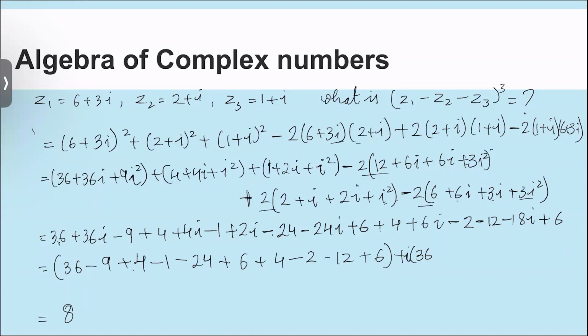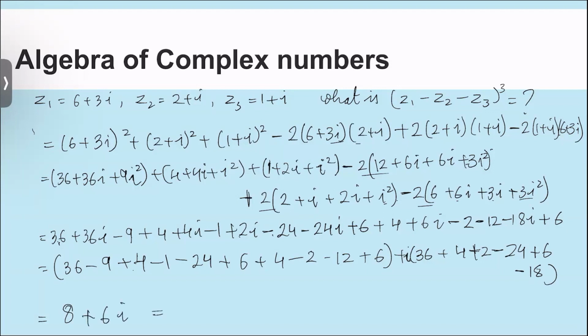So you have 36, then plus 4, then plus 2, and you have minus 24, and you have plus 6 again, and lastly minus 18. So this is the imaginary part. So solving this, we get 6i.